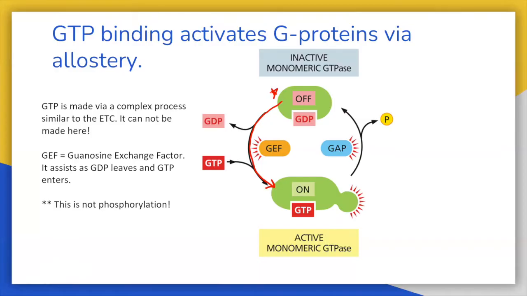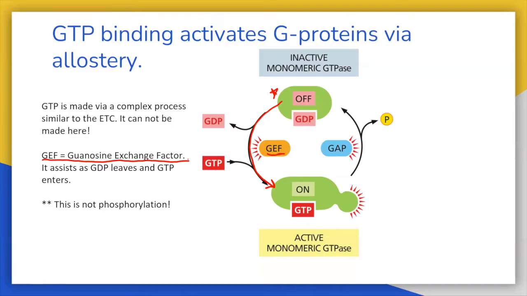So what's happening here is not the addition of a phosphate to GDP. Instead, this is an exchange, and it's facilitated by this protein called GEF, the guanosine exchange factor. So what happens in this activation process is that GDP leaves, and GTP, which was made somewhere totally different in the cell, enters and binds.